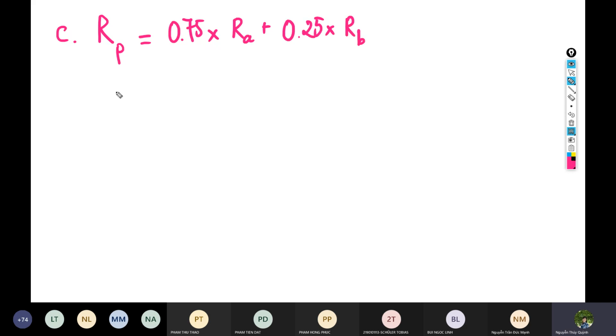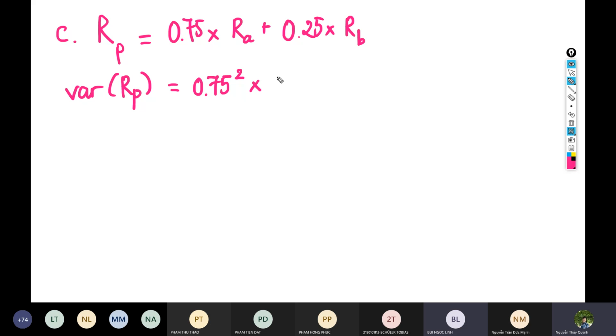Okay. Now, what is the variance of RP? It is 0.75 squared, multiplied by the variance of RA. Please write down the formula first.